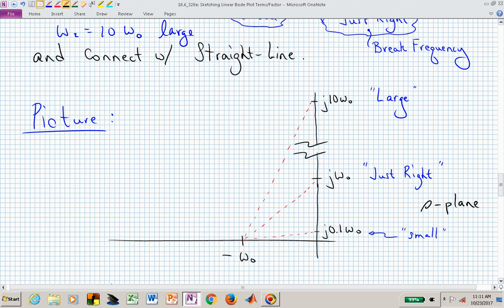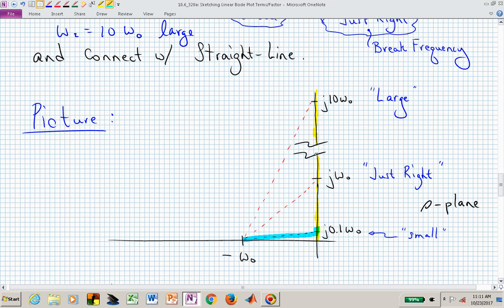If we walk up the imaginary axis, again, the frequency response is obtained by evaluating this factor along the imaginary axis. When we are at a small frequency, anything less than a decade below omega naught, 0.1 times omega naught, what's the angle? Well, that's pretty tiny, so we're just going to approximate that to be 0.